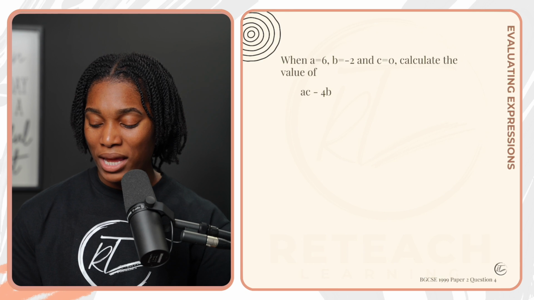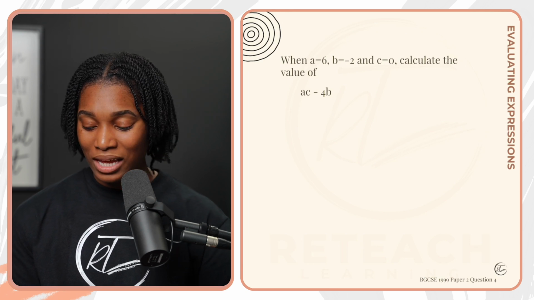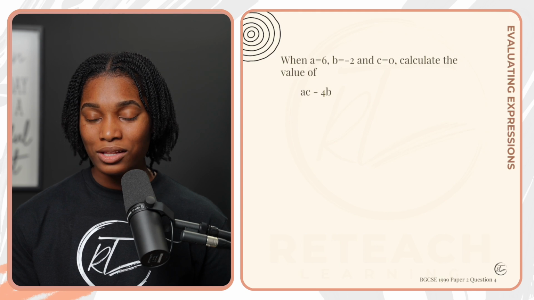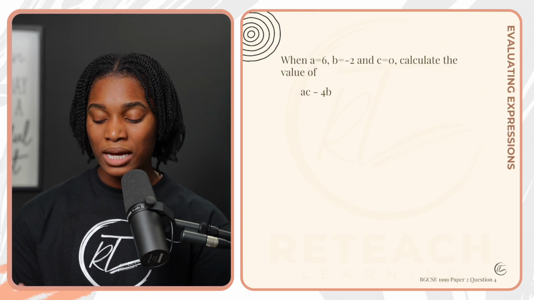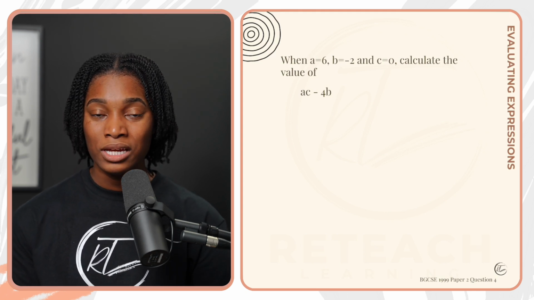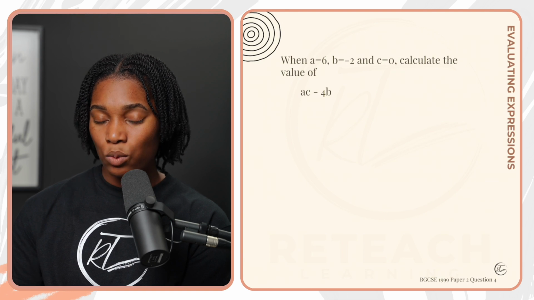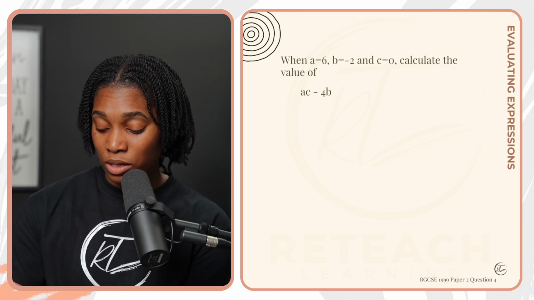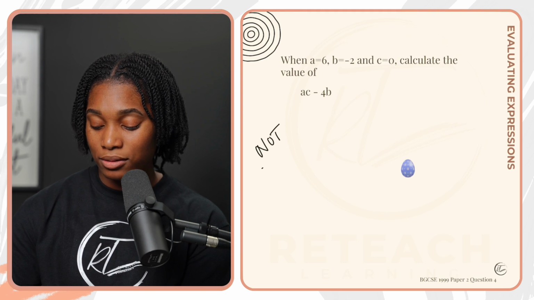So when A is equal to 6, once again, B is equal to -2, and C is equal to 0, calculate the value of, and they give you some kind of expression that they want you to calculate. Now remember, we're looking at what operations are happening. What you're not going to do, I'm going to put a big NOT right here.